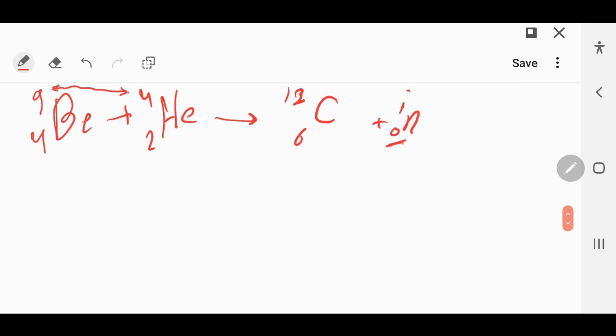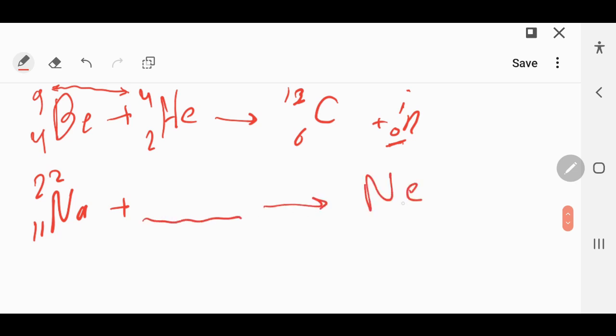Third example: sodium Na 22 plus unknown will give us neon 10, 22. So remember that here we must have 1 with 0.